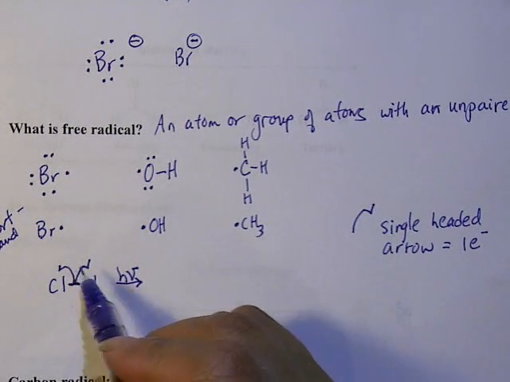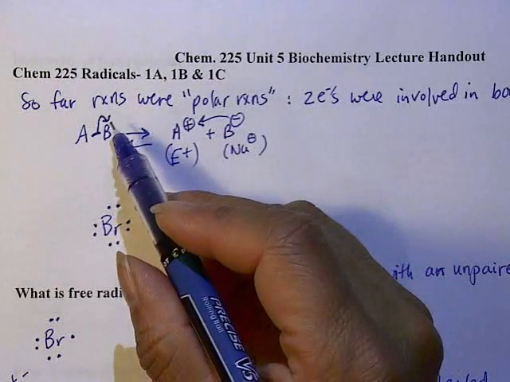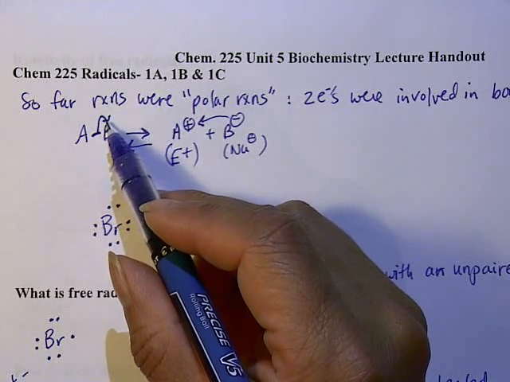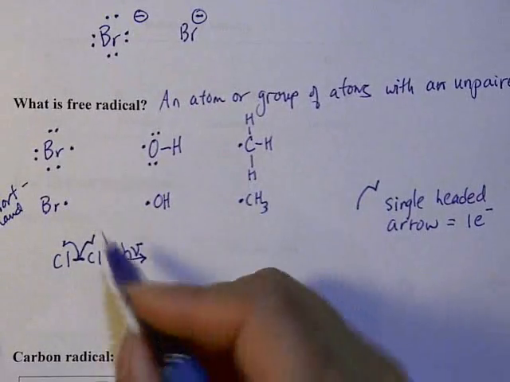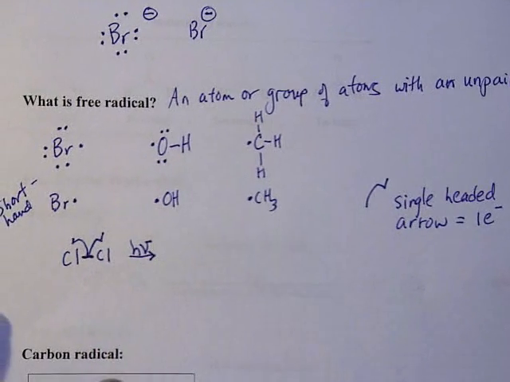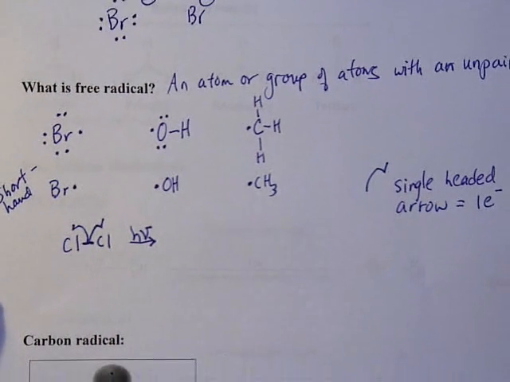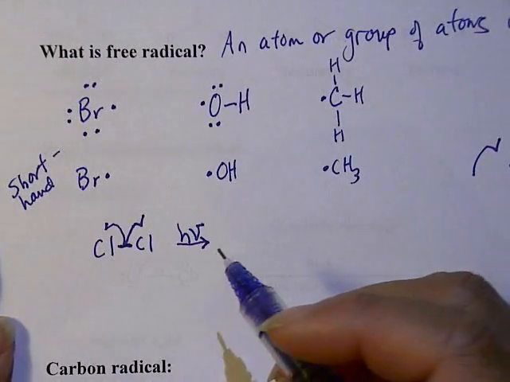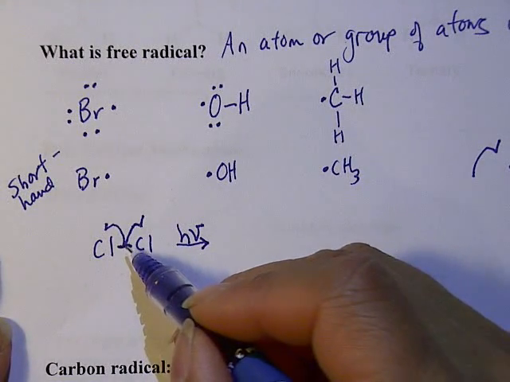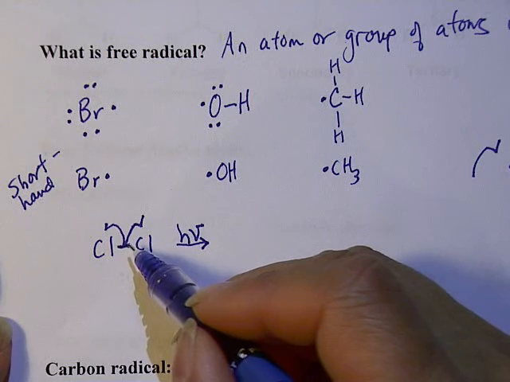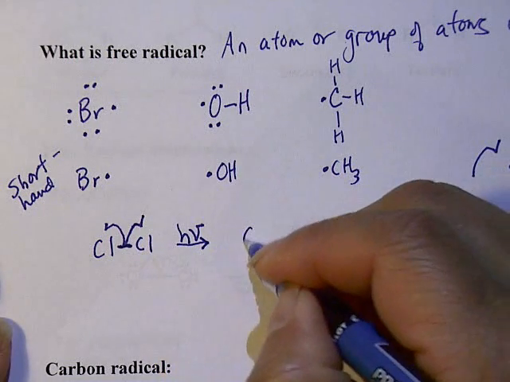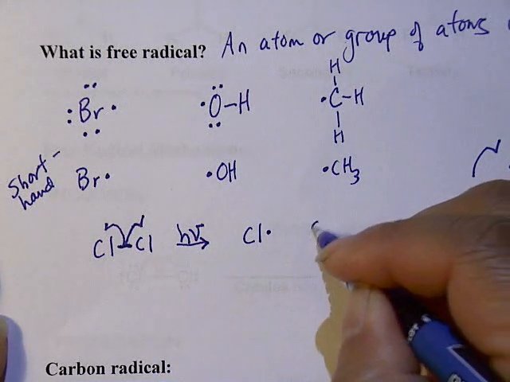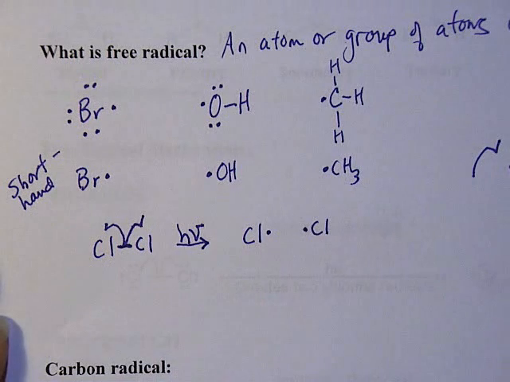So notice it's not a double-headed, full-headed arrow like you saw here. That indicates 2 electrons. But here, a single-headed arrow is indicating 1 electron movement. So that means that in this case, the 2-electron bond is split apart homolytically, where each chlorine atom gets 1 electron each.